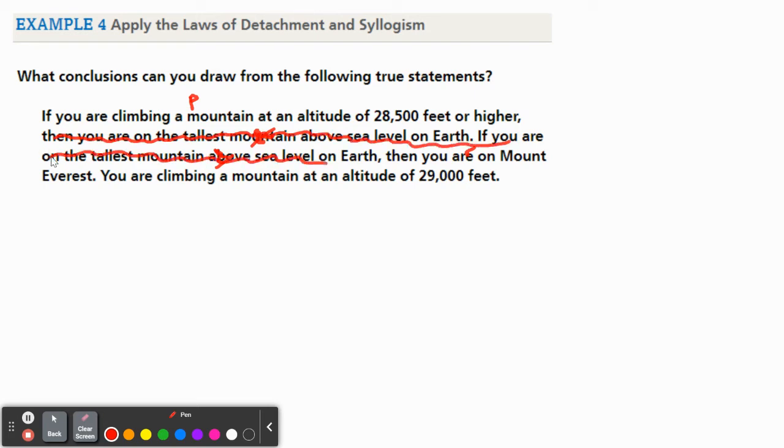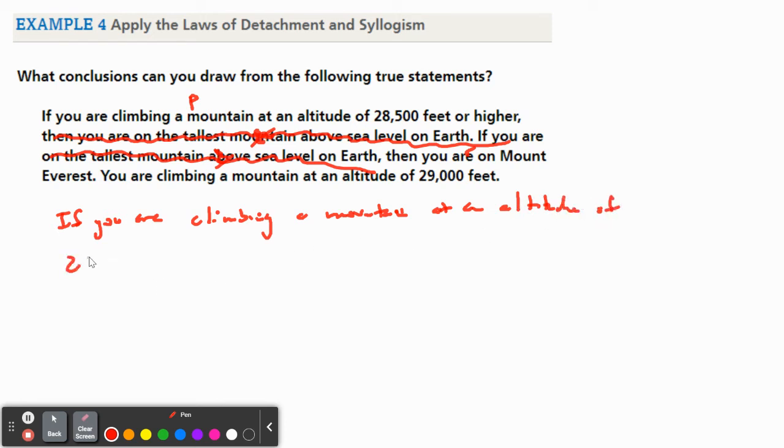We're going to talk about the fact that if you are climbing a mountain at an altitude of 28,500 feet or higher, then you are on Mount Everest.